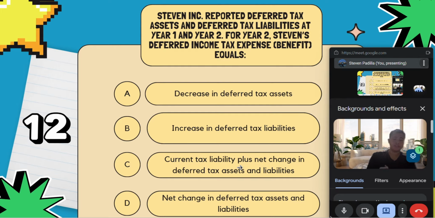Therefore, for number 12, the correct answer is letter D, the net change in deferred tax assets and liabilities.